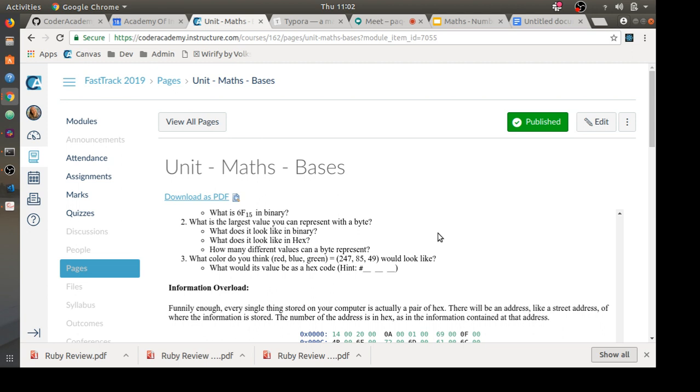In hex, it would be what? F, for 8 digits as well. FF. So in hex, 11111111 is FF. And in decimal, 255.